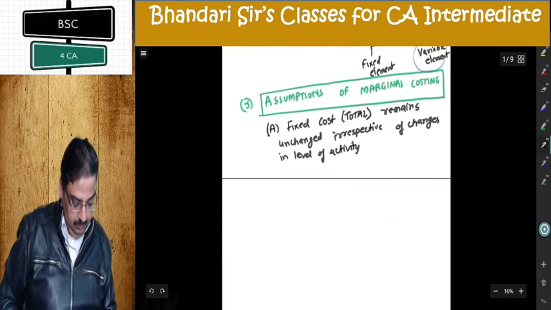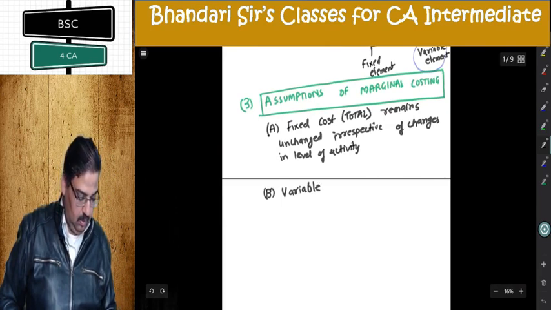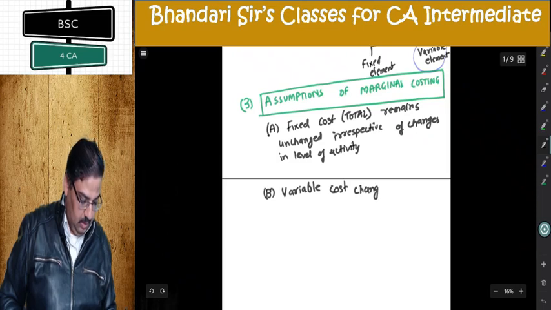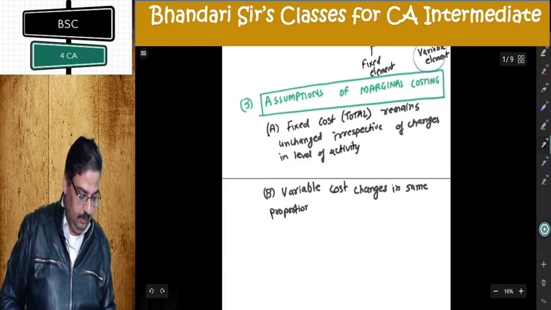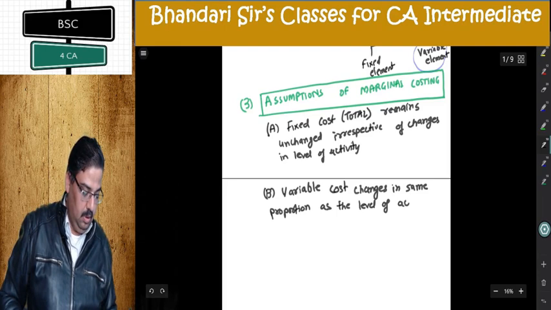And B assumption, variable cost changes in same proportion as the level of activity.